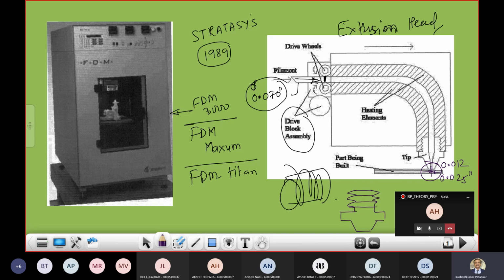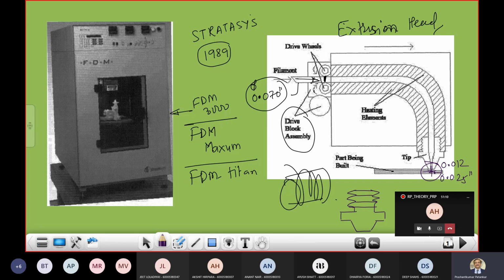Then the other thing is what is the width, what is the deposition speed, then what is the volumetric flow rate. So all those things are typically governed by this particular tip. I mean the deposition speed, the volumetric flow rate, then the size or the diameter of that extruded filament.